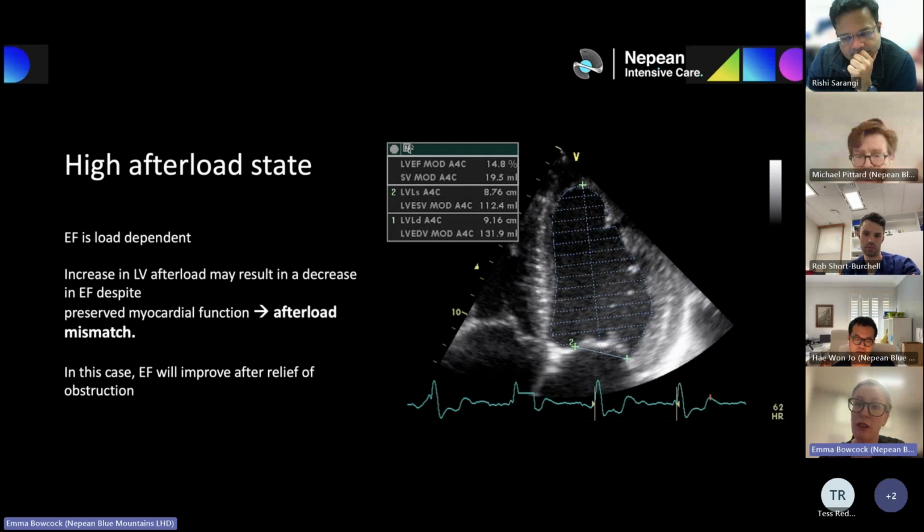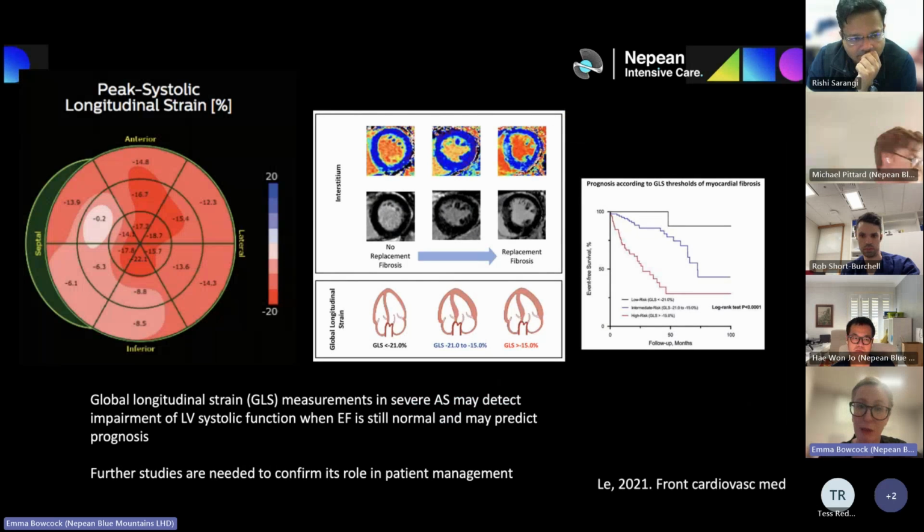And these are the groups where if you fix their valve, fix the obstruction, their EF will improve. But of course, you're going to have subsets that develop this fibrosis, and they develop LV failure. And it's not just because of afterload mismatch that they develop LV dysfunction, but it's because they have intrinsic myocardial injury because of the natural history of things as well.